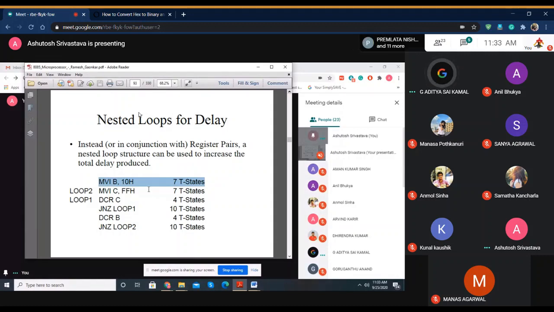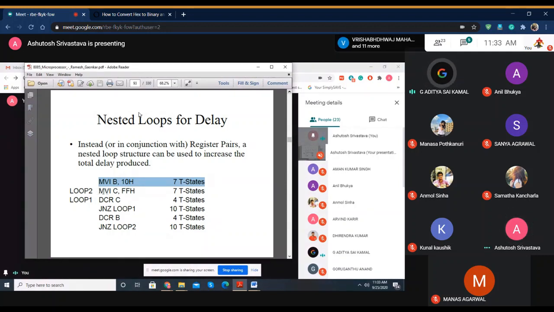The next three instructions? Are there three more loops? How many loops are there? There are only two loops within this.